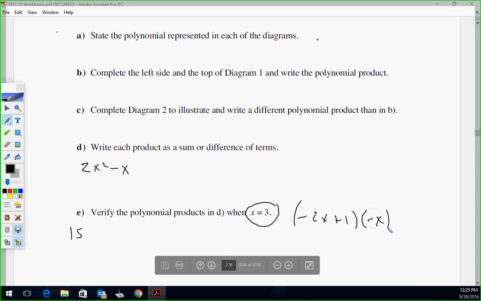So if I plug that in, it'd be negative 6 plus 1 is negative 5 times a negative 3. Negative 5 times negative 3, also 15. So if you're confused what I'm doing, I'm taking the 3, I'm plugging into my right side that I drew up there that you have in your notes, and then I plugged in the left side. Both of them came out with a 15.